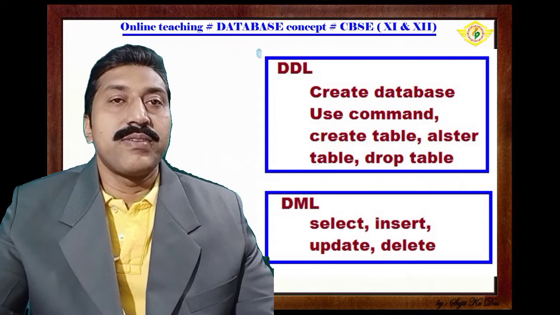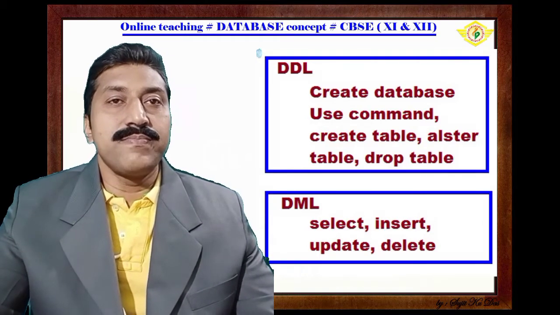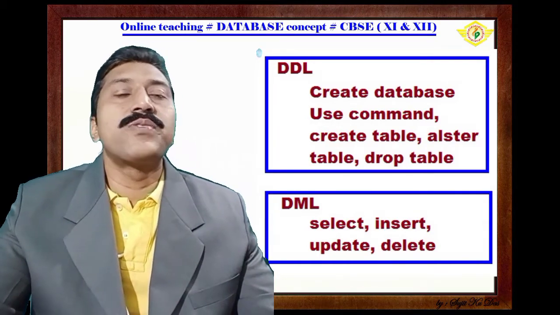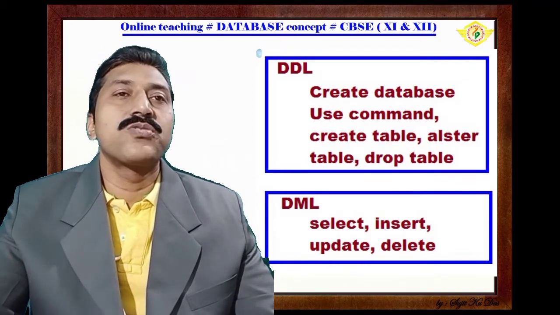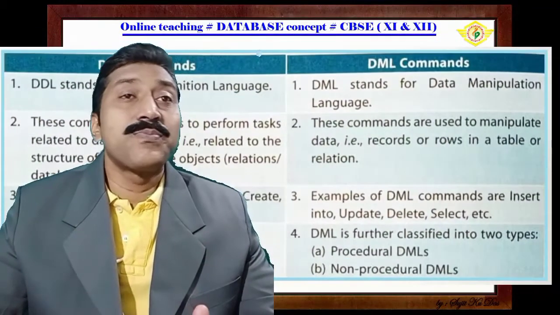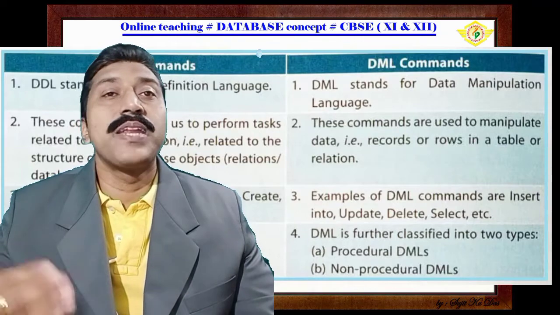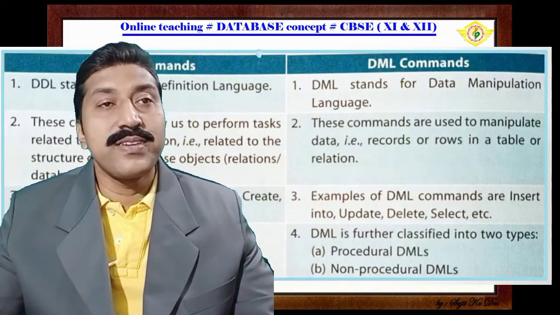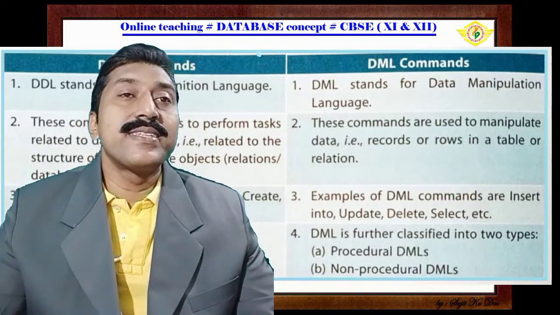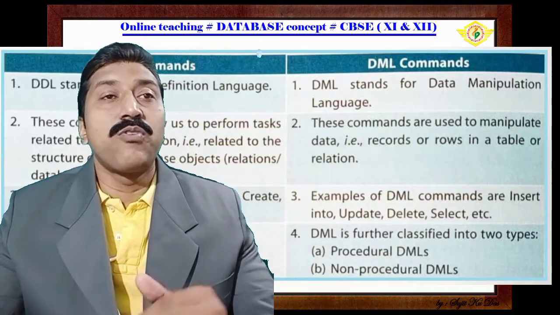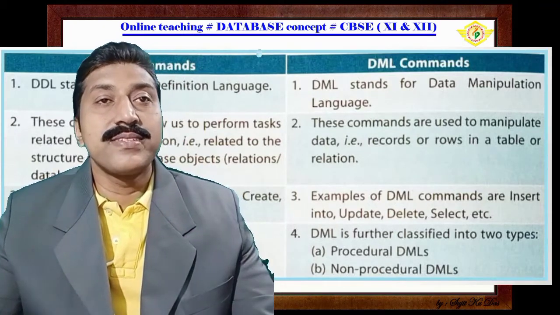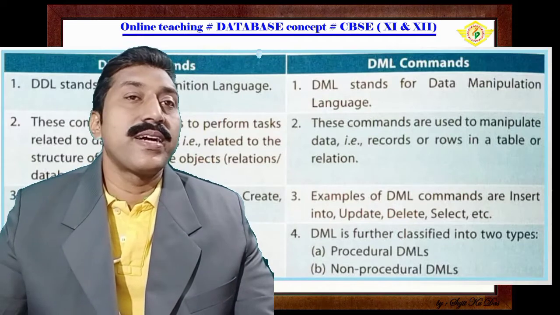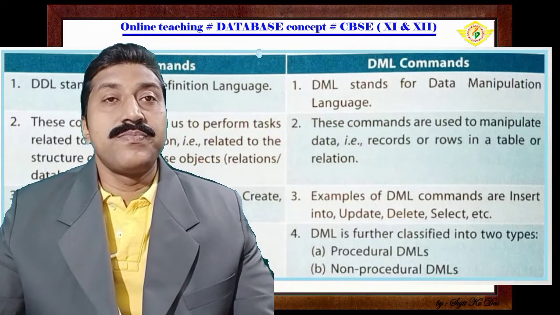So if we see some differences between DDL and DML commands. DDL stands for data definition language, DML stands for data manipulation language. In DDL, commands allow us to perform tasks related to data definitions, that is related to the structure of the data objects.